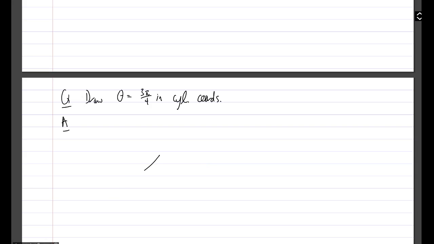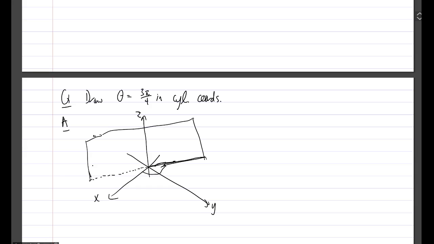And so let's draw the 3D picture that we should have here. X-axis, y-axis, z-axis. So 3 pi over 4 should be right over here. There's this line back this way, and of course because r can be negative, this comes back this way, and then we have this plane that looks like this, and of course it goes downward as well.